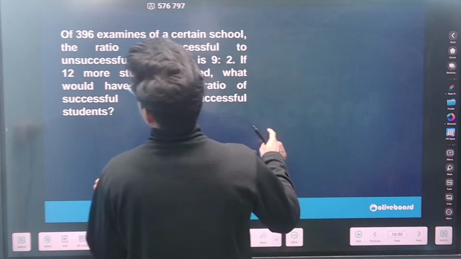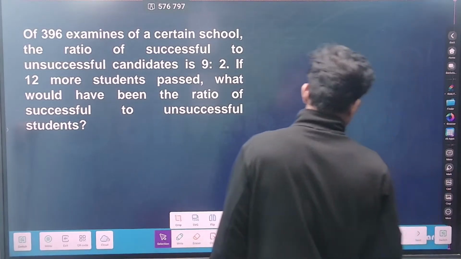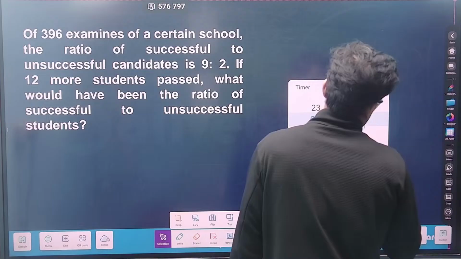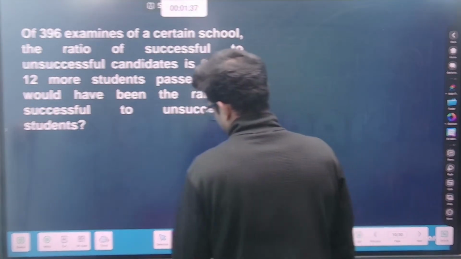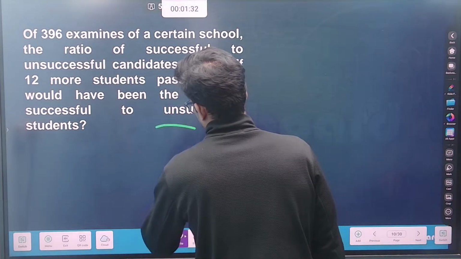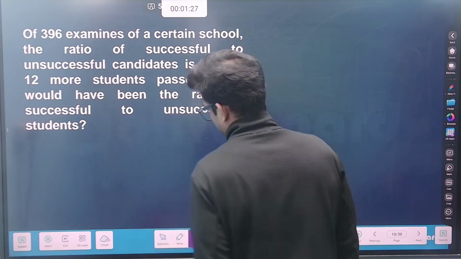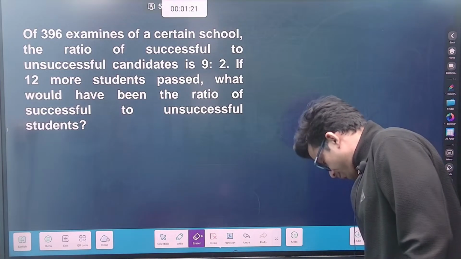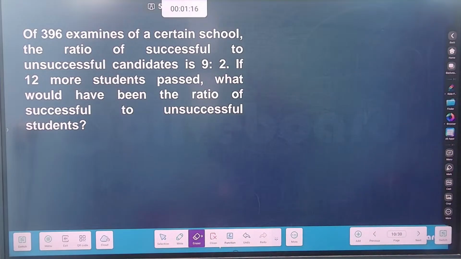Let's solve this. Again, a previous year question. I've given the timer.